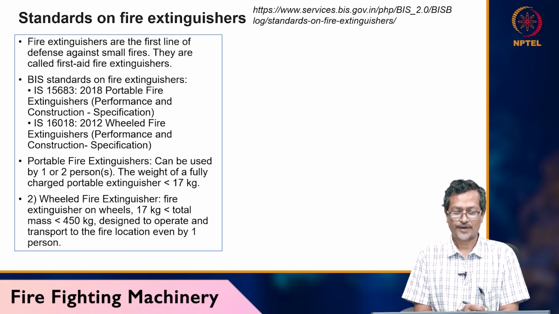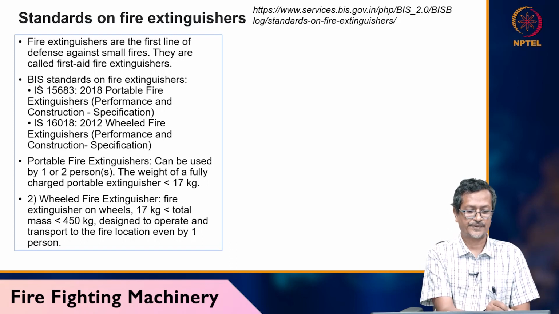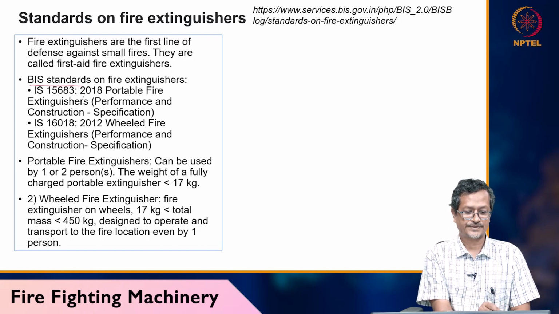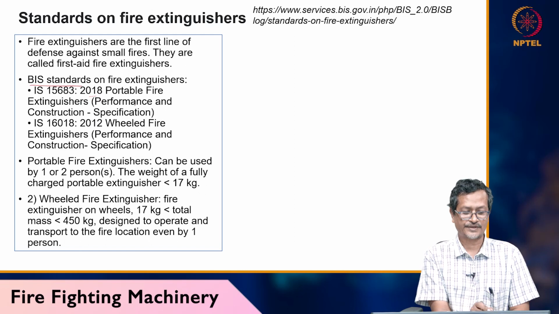Standards on fire extinguisher. The fire extinguisher is the first line of defense in small fires. They are called first aid fire extinguishers, and different standards are there. BIS standard, for example 15683:2018, portable fire extinguisher. Then wheeled fire extinguisher.